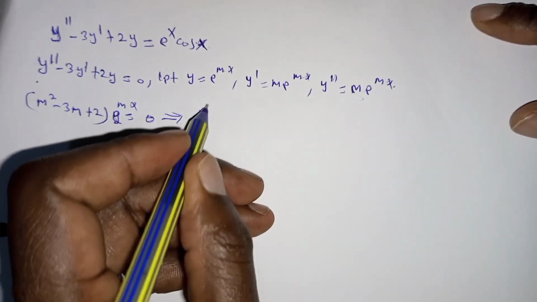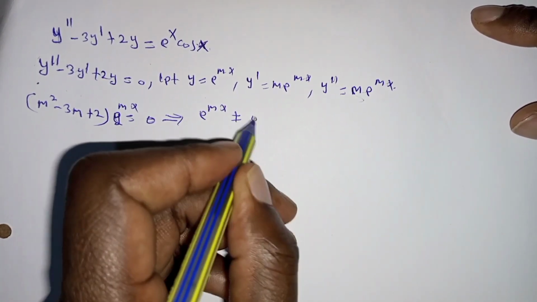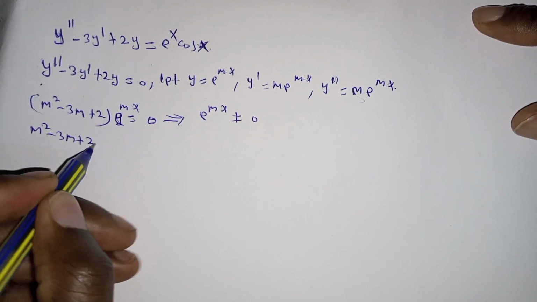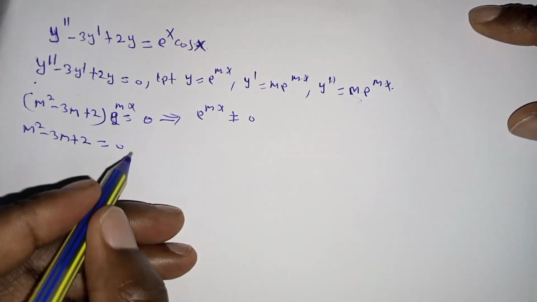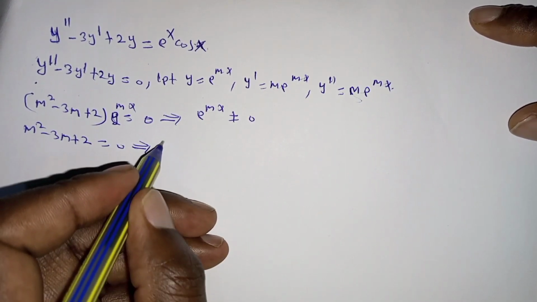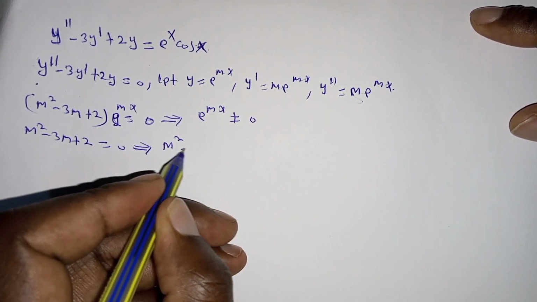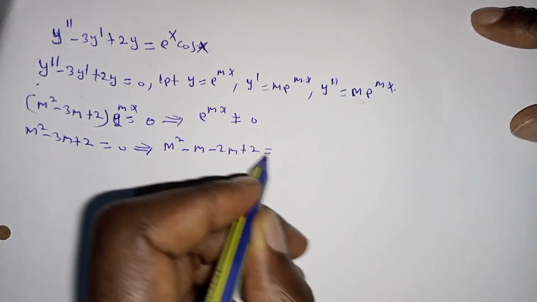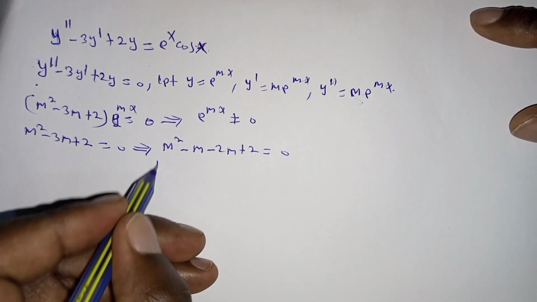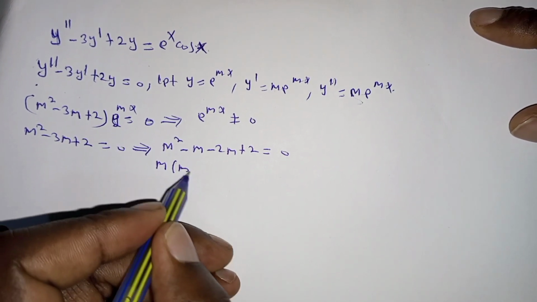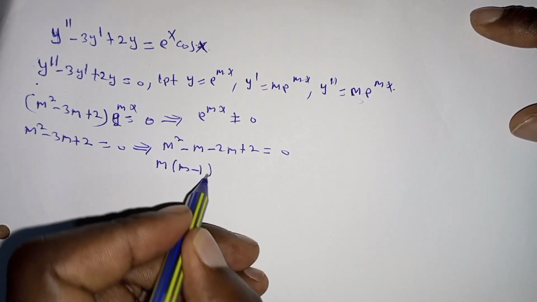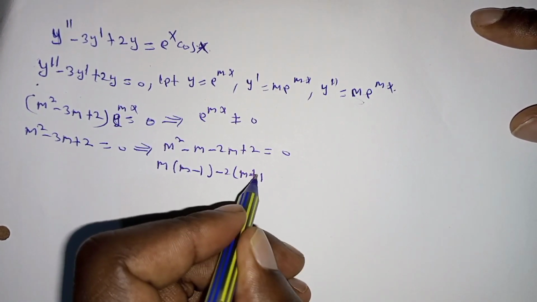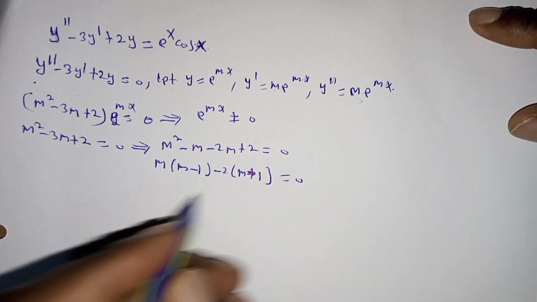You note that e^(mx) cannot be equal to 0, meaning that m squared minus 3m plus 2 is the one which is equal to 0. This is a quadratic which can be factored as m squared minus m minus 2m plus 2, which is equal to 0. m(m minus 1) minus 2(m minus 1) is equal to 0.